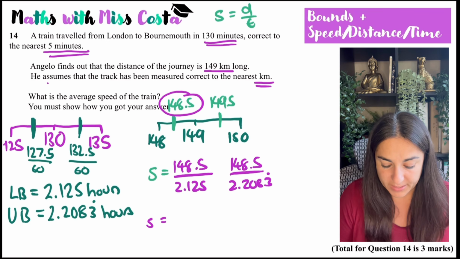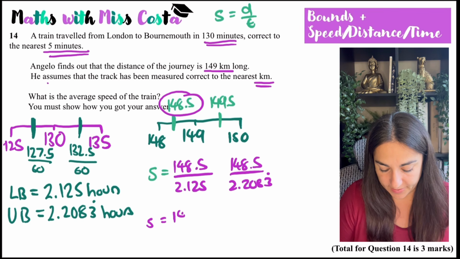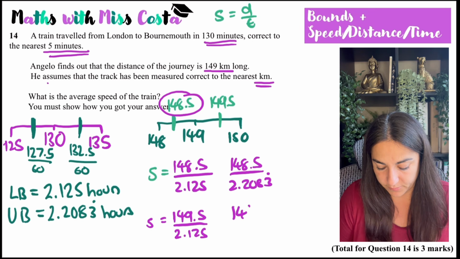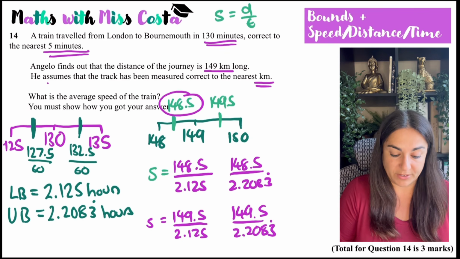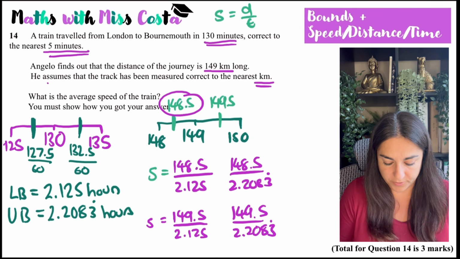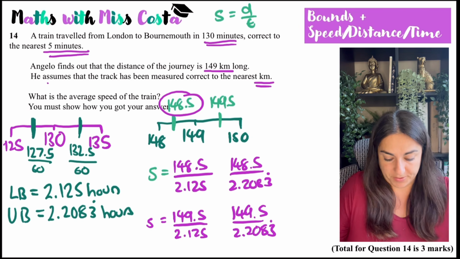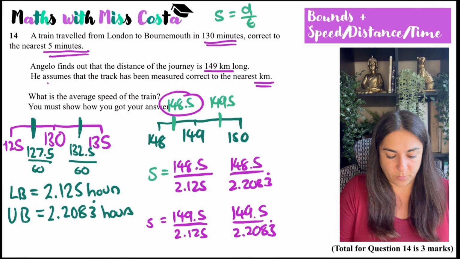Or I could use my upper bound of distance, so that would be 149.5 divided by my 2.125, and 149.5 divided by 2.2083. This allows me to get every possible combination for the speed of the train. So let's just type those all into my calculator.